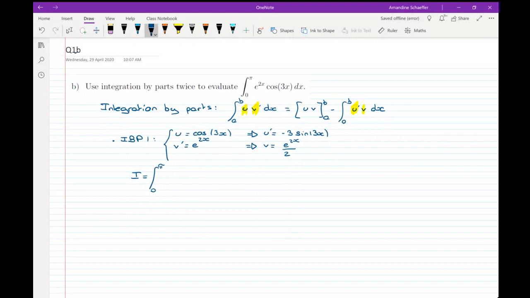Okay, integral between 0 and pi of exponential x cos of 3x dx. All right, let me do it and I'll check the chat later.